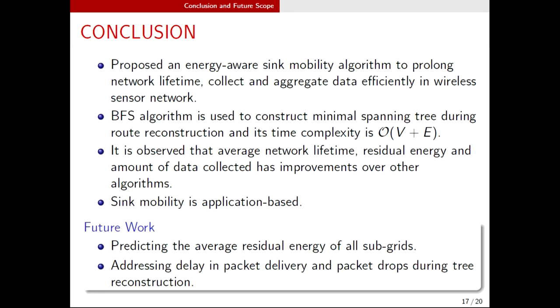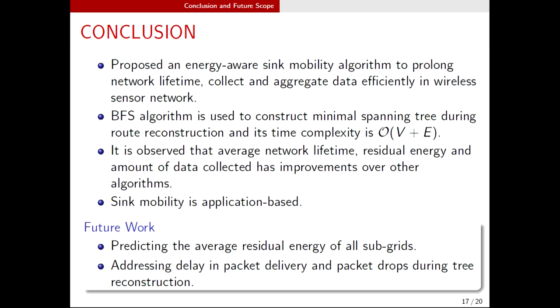Suppose a sink has the option of moving to another subgrid, which has 8 options. If we consider a larger network, as the size of the network increases, we need to predict what the residual energy could be if you go in this direction, or in that direction.